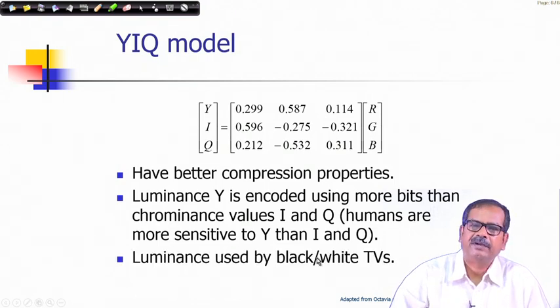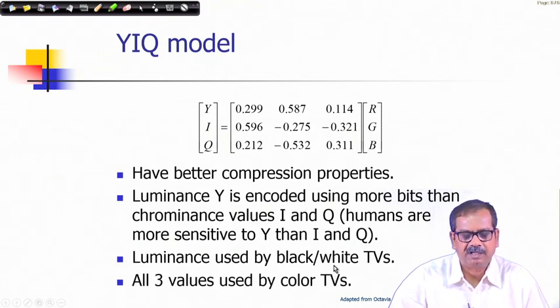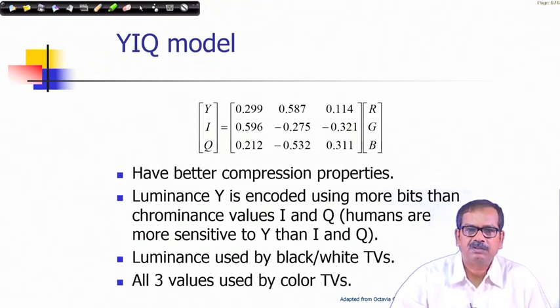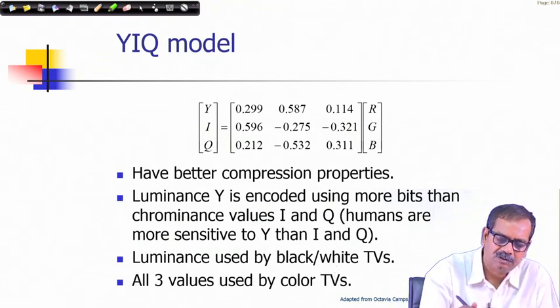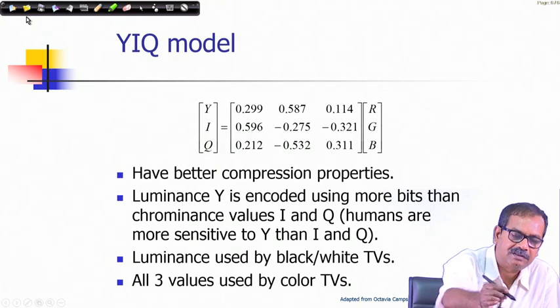So, the fact is that luminance is used by black and white TVs, and all three values are used by colored TV. So, this YIQ is also a very good model for sending information by factorizing information into these three channels.